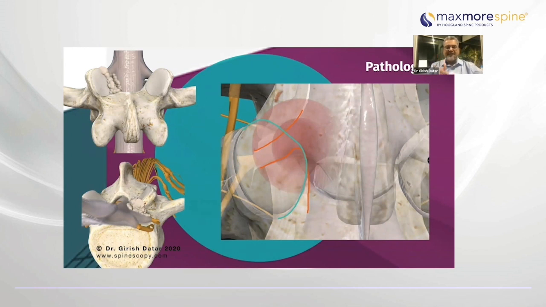So if you image it in the plane of the facet joints, you will see the ligamentum flavum, the extent of the ligamentum flavum, and the amount of compression that is being created. And this kind of imaging is done with oblique coronal imaging, which is the sequence used for sacroiliac joints.